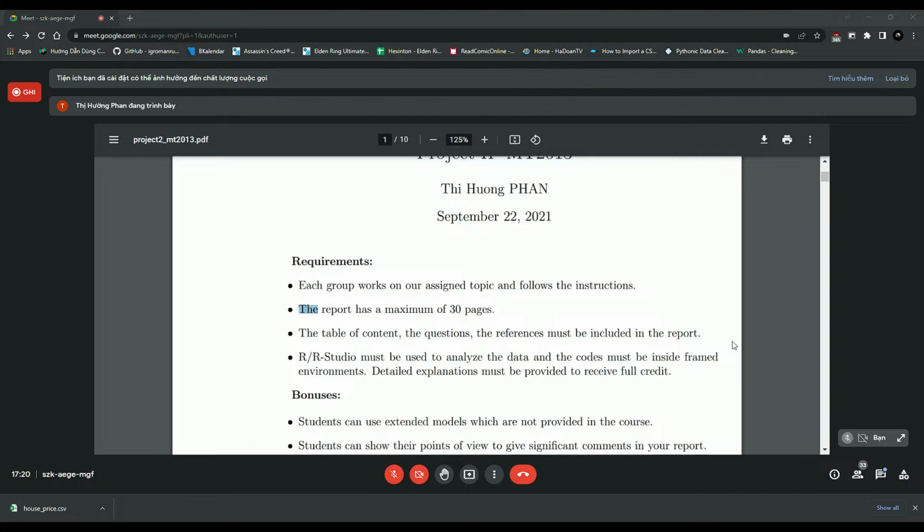The accepted maximum is only 30 pages, including the cover. Because you have 30 percent for the written report, you must strictly follow the requirements. You must have writing skills because you are only allowed to use 30 pages.